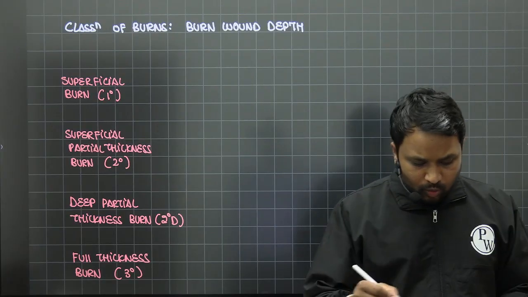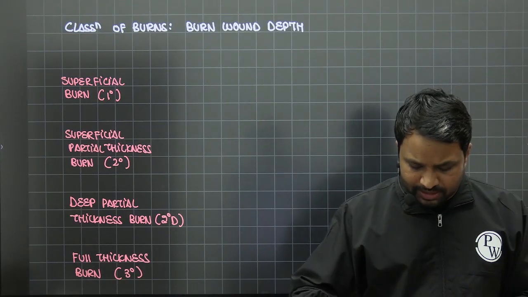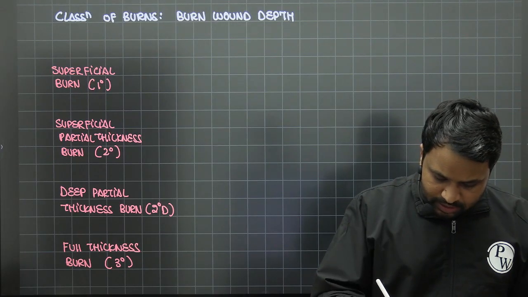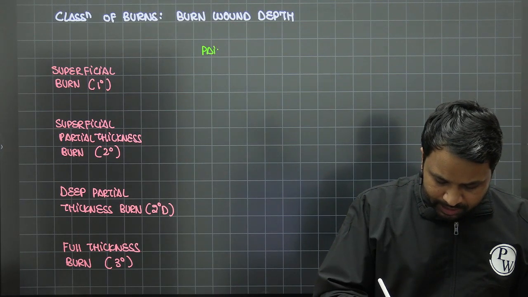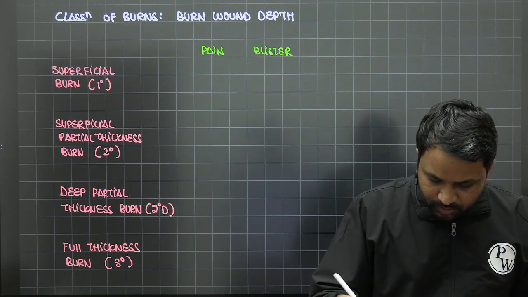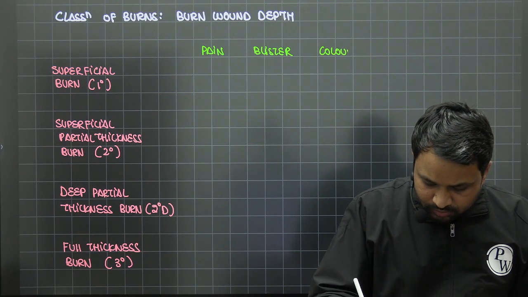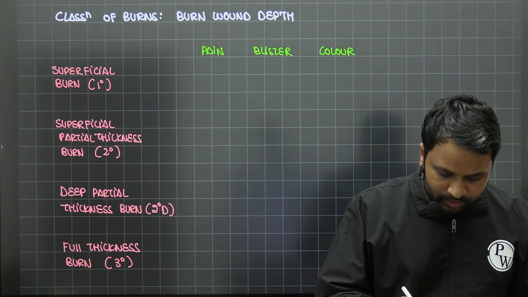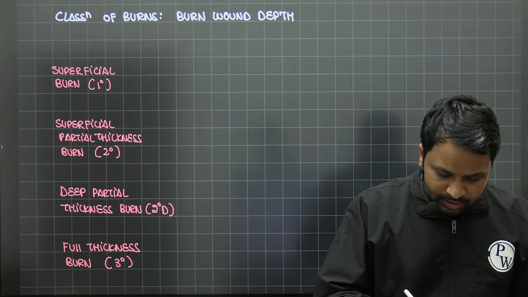Okay? Now, on what basis are you going to consider all this, right? The criteria of considering various components here is going to be pain, the component of blister, and we see the color of this. But more importantly, first we'll consider the structures involved.